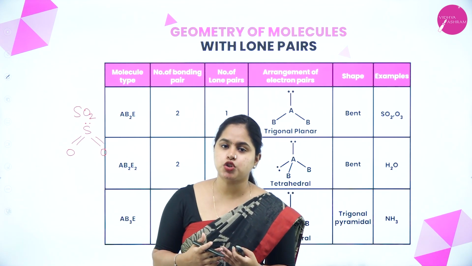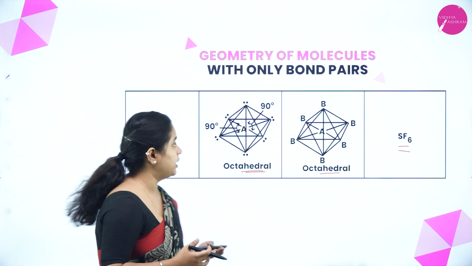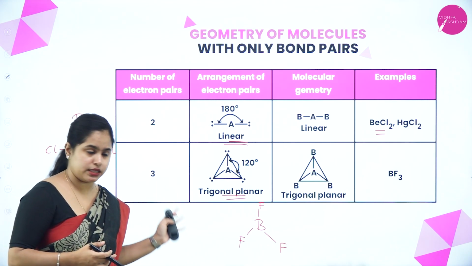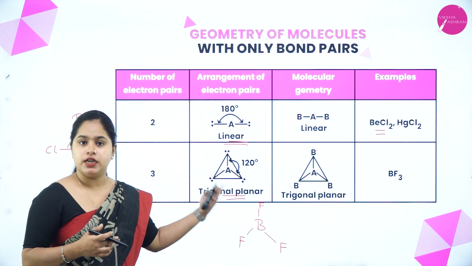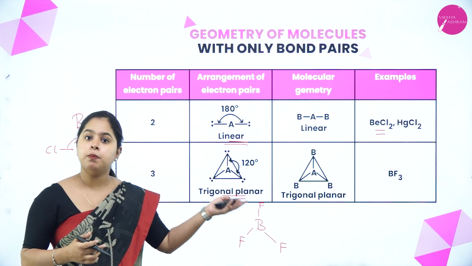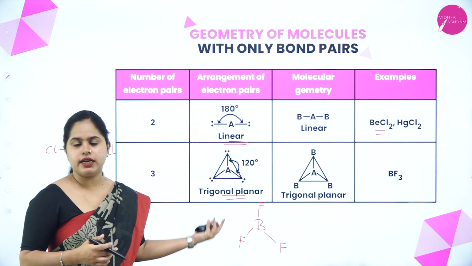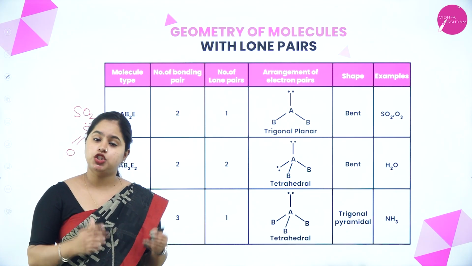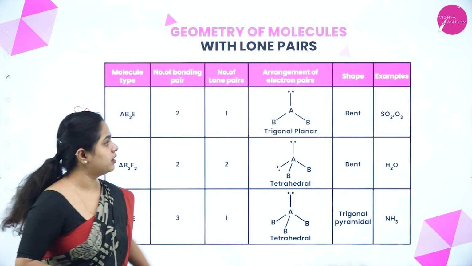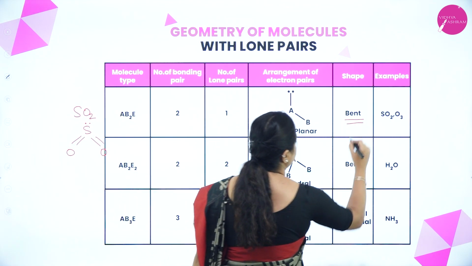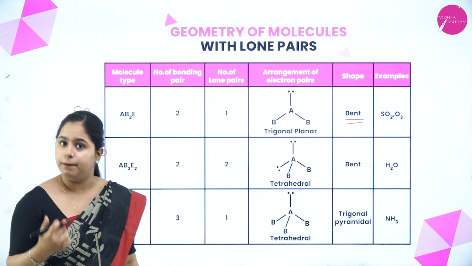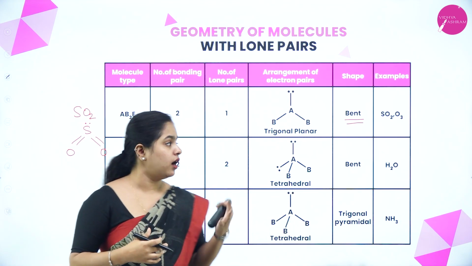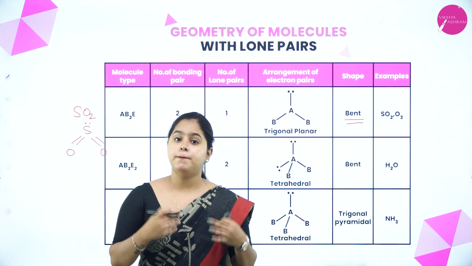So what should be the shape of the molecule? We studied that if the total number of electron pairs is 3, the geometry must be trigonal planar. But what is happening here? Even though the geometry is still trigonal planar, the shape is bent. Instead of showing trigonal planar, it is showing a bent shape.